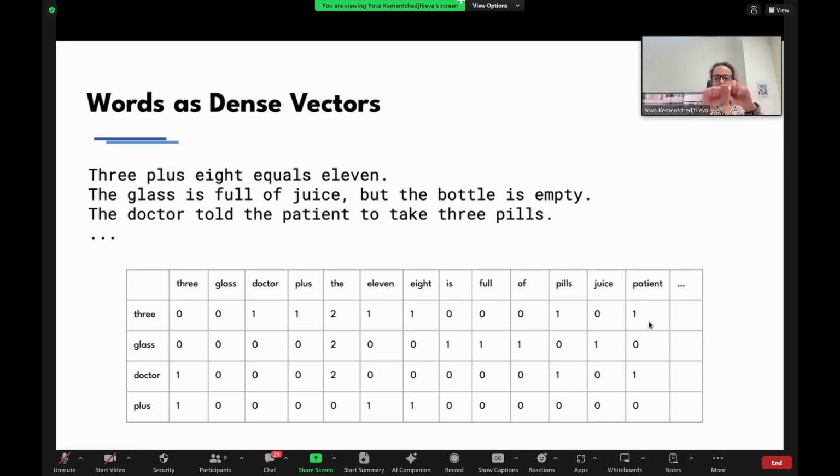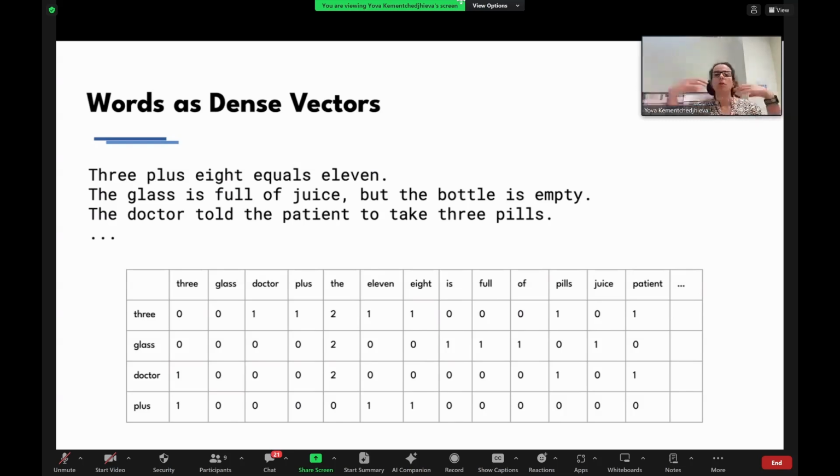So the horizontal set of cells associated with the word 3, for example, can now be interpreted as a vector representation of the word 3, which is dense in the sense that few cells will be zeros, and it is meaningful in the sense that the vector that we build in this way for the word 3 will likely be somewhat similar to the vector that we built for the word 7, that we built for the word 11, because you can imagine a lot of contexts in which these words will occur in similar positions surrounded by similar words.